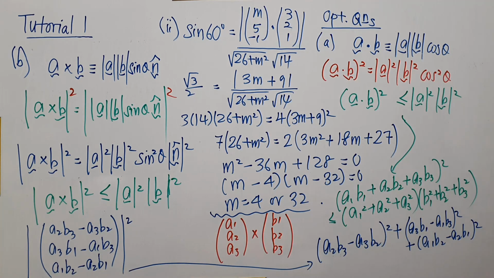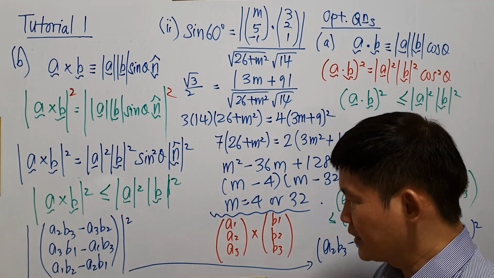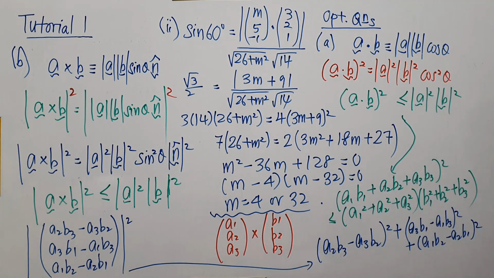Okay, let me just check it. Yeah, okay. So this one is really the left hand side of the required proof. And then the right hand side will be A1 square plus A2 square plus A3 square, and then B1 square plus B2 square plus B3 square. And then you're done with the proof. And that completes the optional questions.